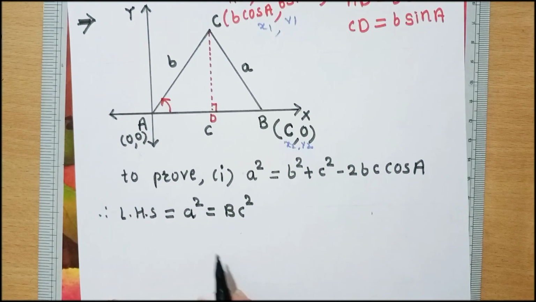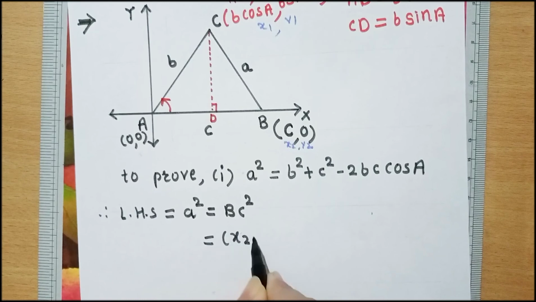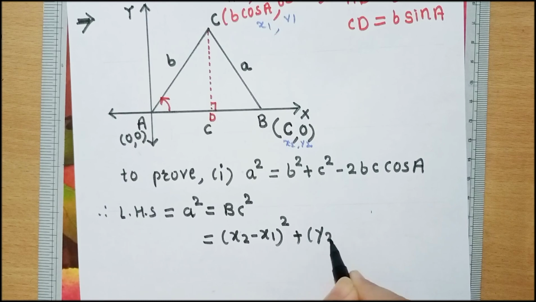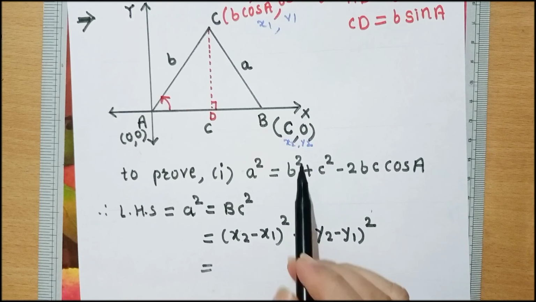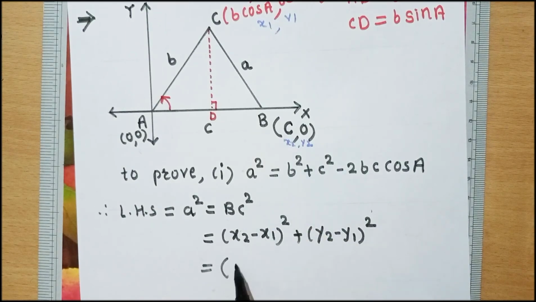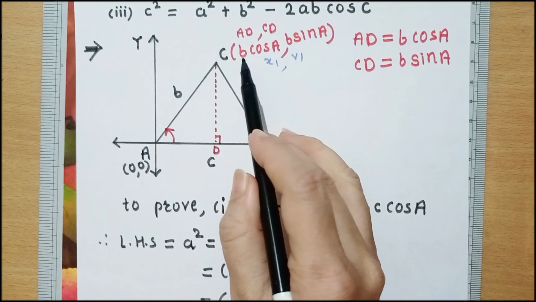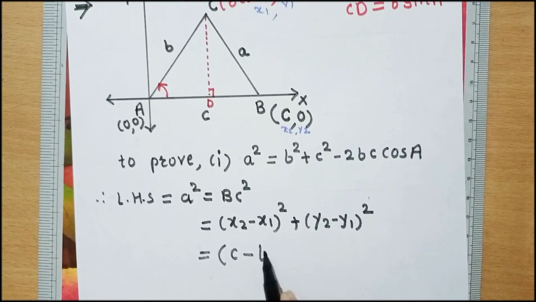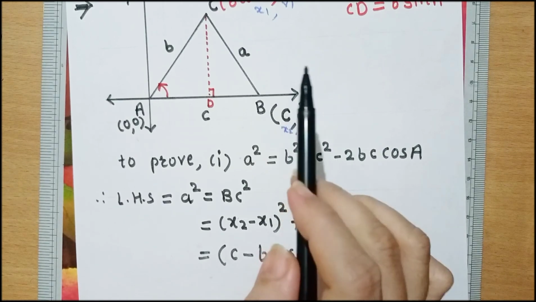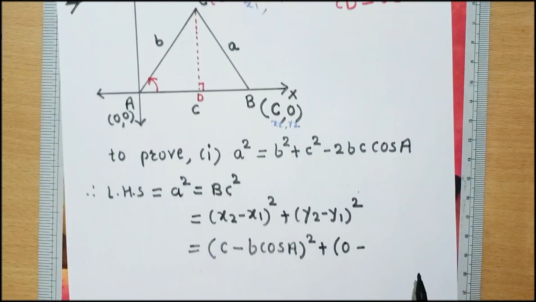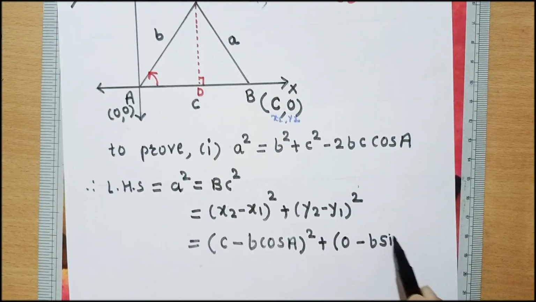So our formula is (x2 minus x1) square plus (y2 minus y1) square. Now check again what is x2. x2 means c. So here c. Again x1 means b cos A. So (b cos A) square. Then y2 is 0 and y1 is b sin A. So here (b sin A) square.